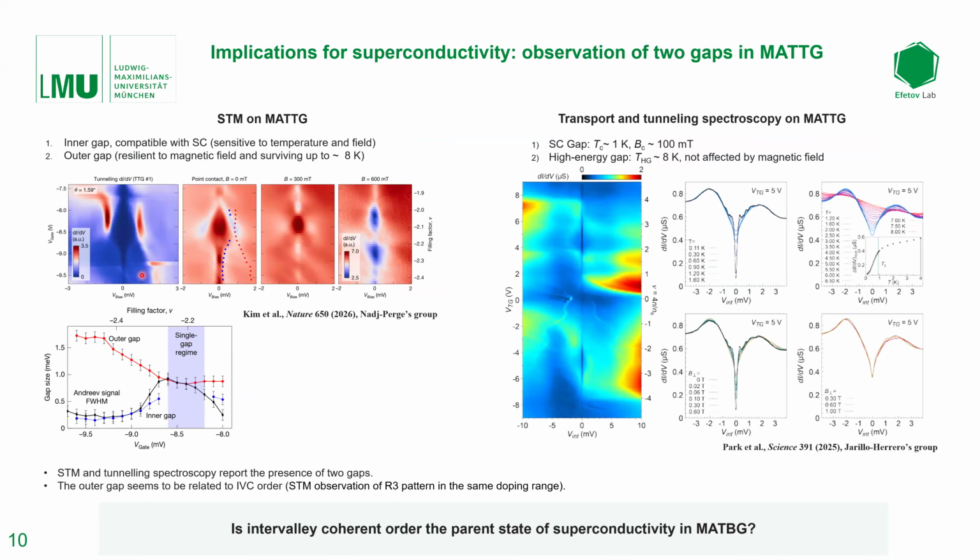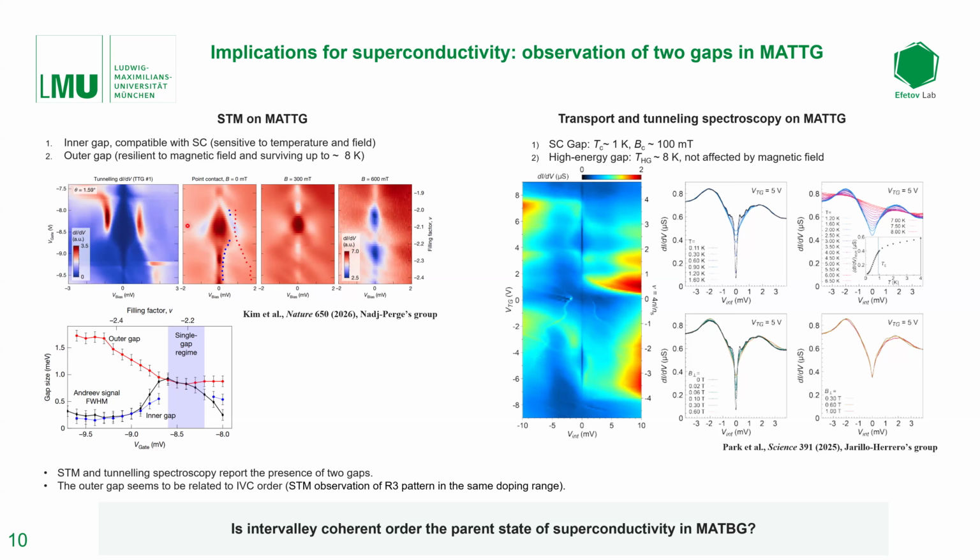The other development over the last year or so was also that within this larger gap region, which we could interpret as an IVC gap, superconducting regions have been found.